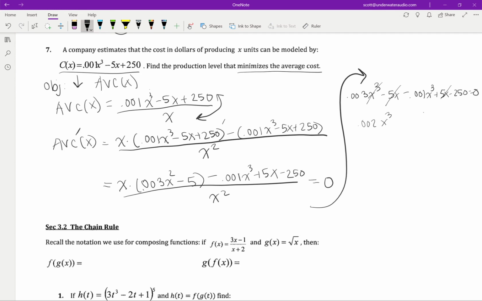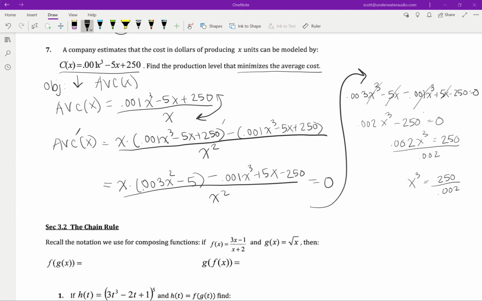So I got rid of those. Minus 250 equals 0. And I could add 250 to the other side. 0.002x cubed equals 250. Dividing by 0.002, x cubed equals 250 divided by 0.002, which I'm going to have to use a calculator for.